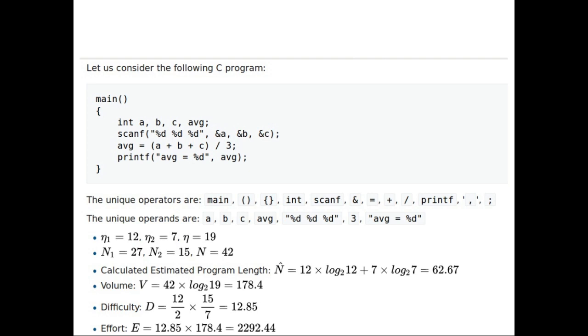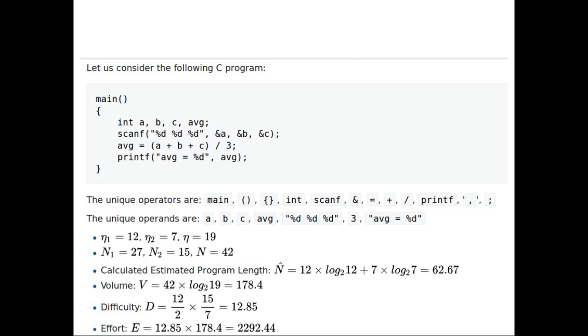Now we consider the total occurrences of different operators in the program. N1 is equal to sigma F1j. The value is 27. Similarly, we calculate the total occurrences of different operands in the program. N2 is equal to sigma F2j, which is equal to 15. So capital N is equal to N1 plus N2, which is equal to 42.